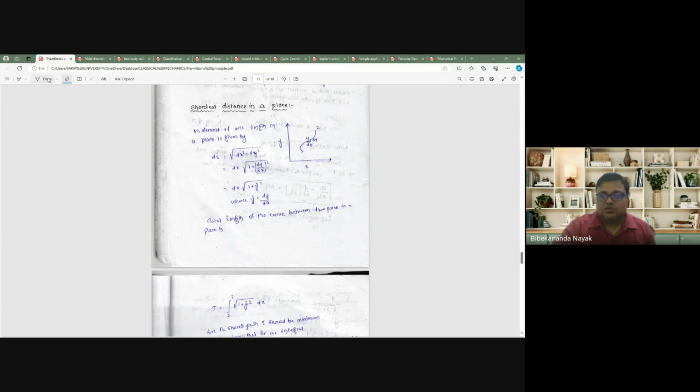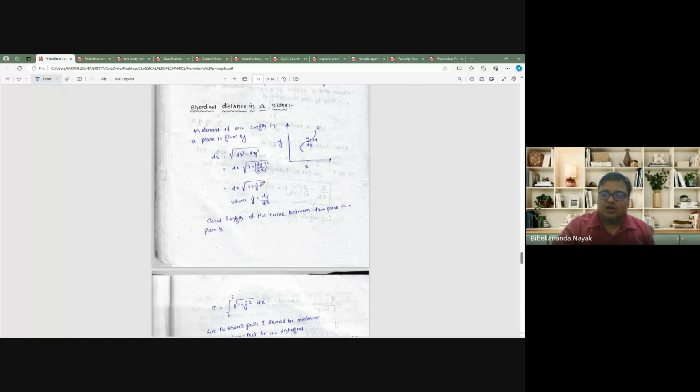Let us consider a small element of the curve, ds, with variation dx in the x direction and dy in the y direction. Obviously ds squared will be dx squared plus dy squared, so ds is the square root of dx squared plus dy squared. Taking dx common, it is dx times the square root of 1 plus (dy by dx) squared.